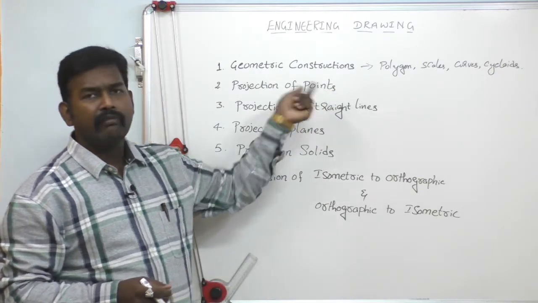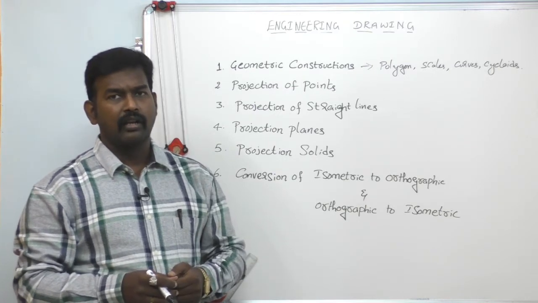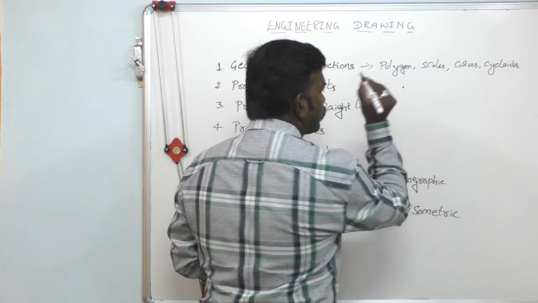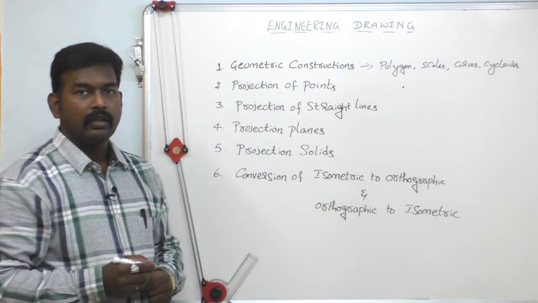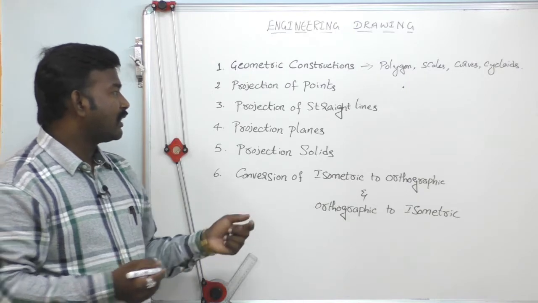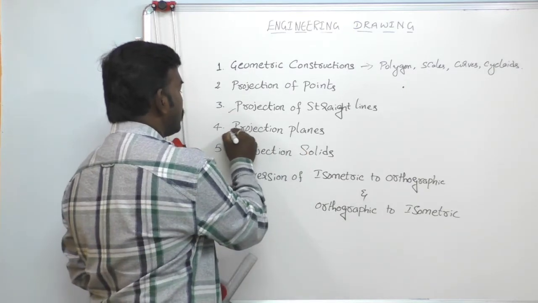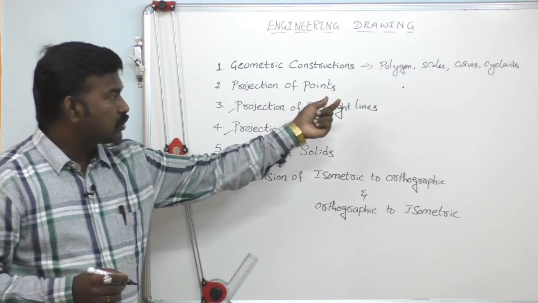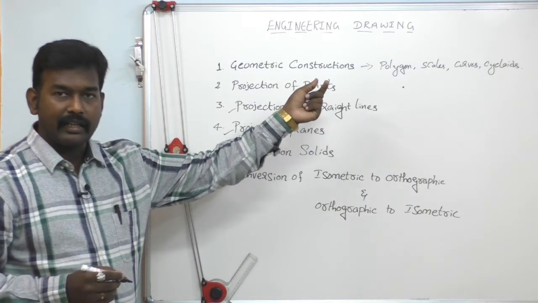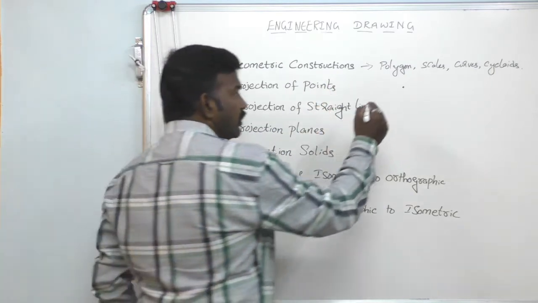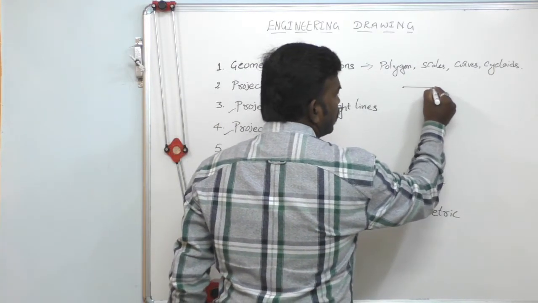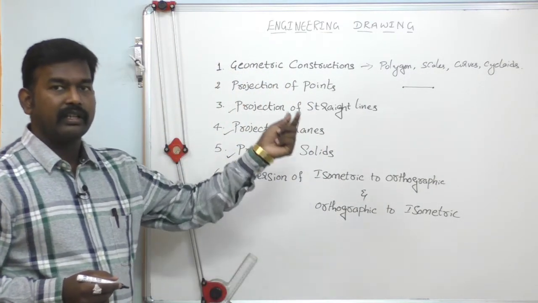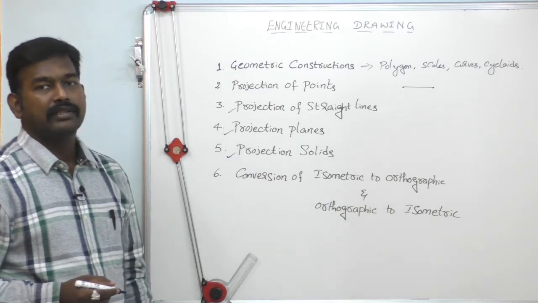This is a very important topic in engineering drawing. Why? Because if a student understands the topic of projection of a point, they can easily crack the remaining topics of lines, planes and solids. If a student has the basic idea of projection of a point, he can easily construct the line. What is a line? The distance between the points is called a straight line.